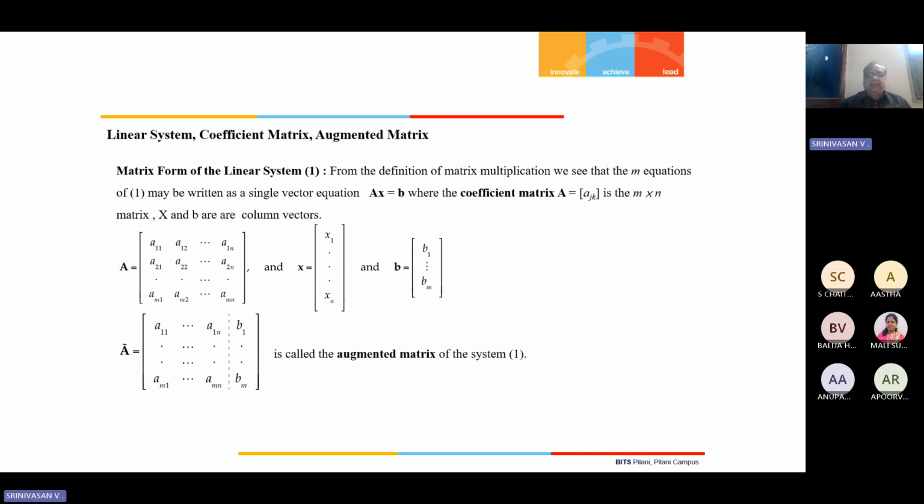Or you can take capital A, comma, small b, where b is lowercase but bold face to mean a vector. So this shows you clearly that you have A here and B here, whether small b or capital B, it does not make a difference. This is called the augmented matrix of the system of equations (1). Instead of using the tilde, you can be explicit, writing A comma B.